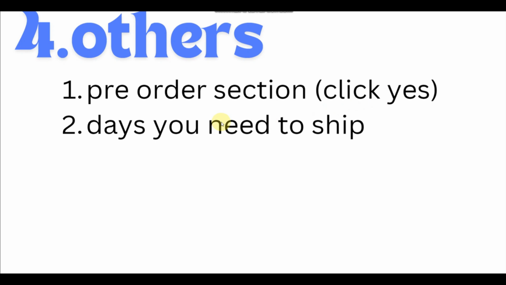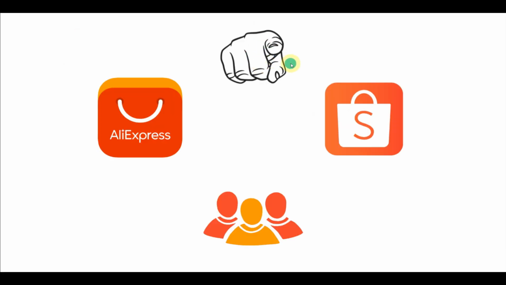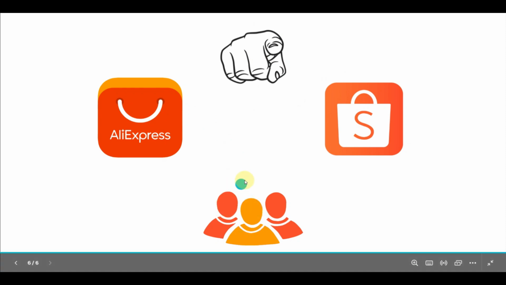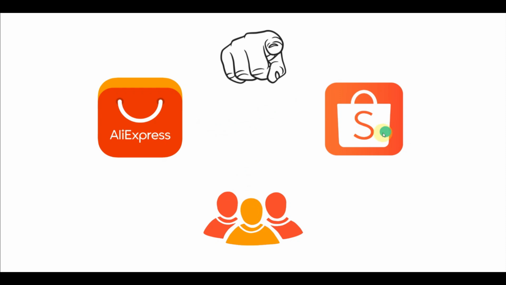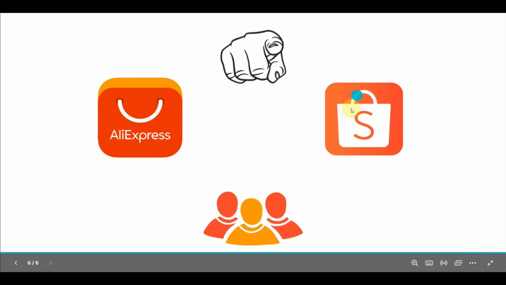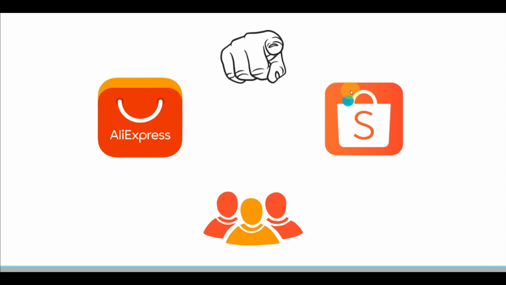Before this tutorial ends guys, I am going to show you a flow for a better understanding. For example, if this is you, and this is Shopee and AliExpress, then we also have the customer. Let's say you have already uploaded a product to your Shopee account from AliExpress, and someone places an order on your Shopee store, which is your customer.